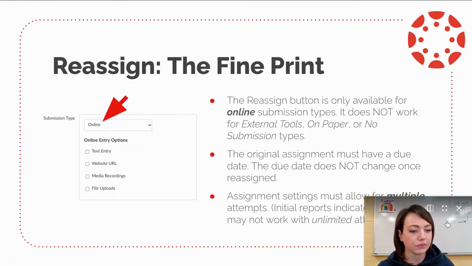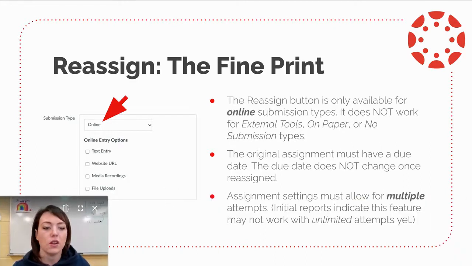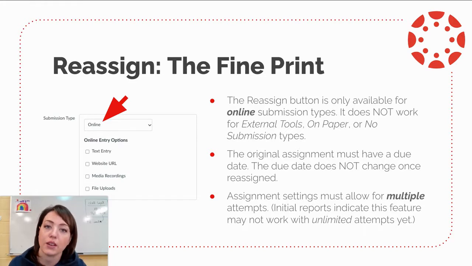And then you'll also need to make sure that the assignment allows for multiple attempts. There are some initial reports from the beta environment where they've been testing this feature that if you have an assignment set to unlimited attempts, it's not giving you that option.